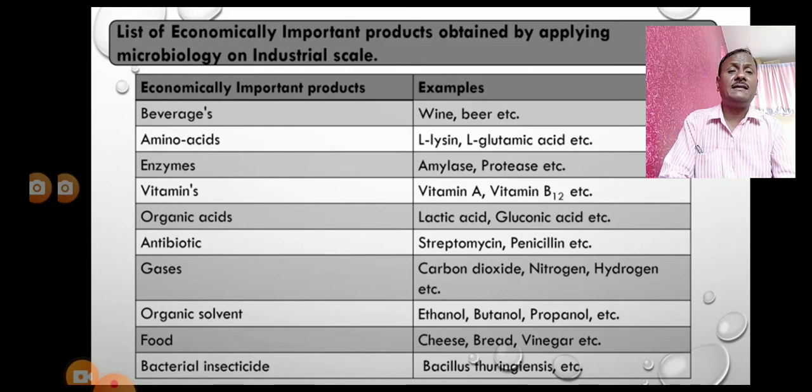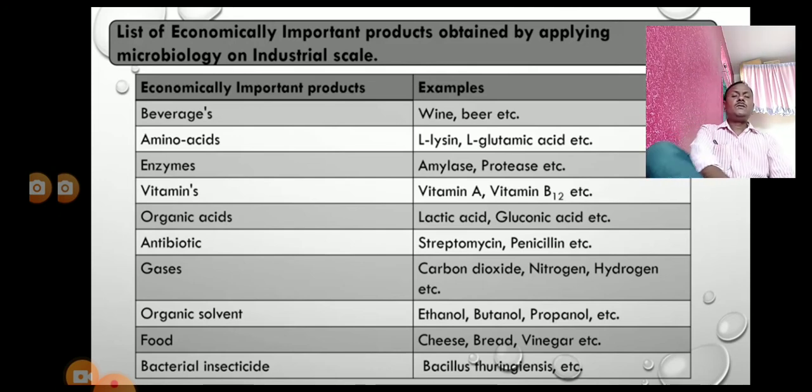For example, lactic acid can be produced using Lactobacillus sporogenes, Lactobacillus bulgaricus, Streptococcus, and also Saccharomyces boulardii. Then antibiotics like streptomycin, penicillin, ampicillin, terramycin, tetracycline, etc. We can produce these antibiotics by using specific kinds of microorganisms.